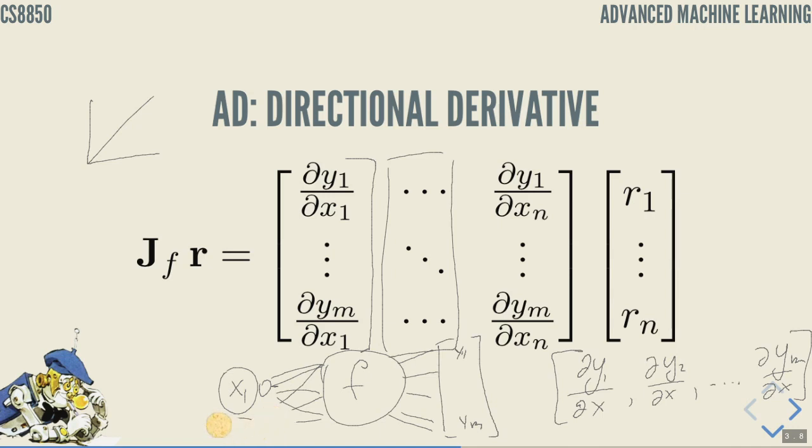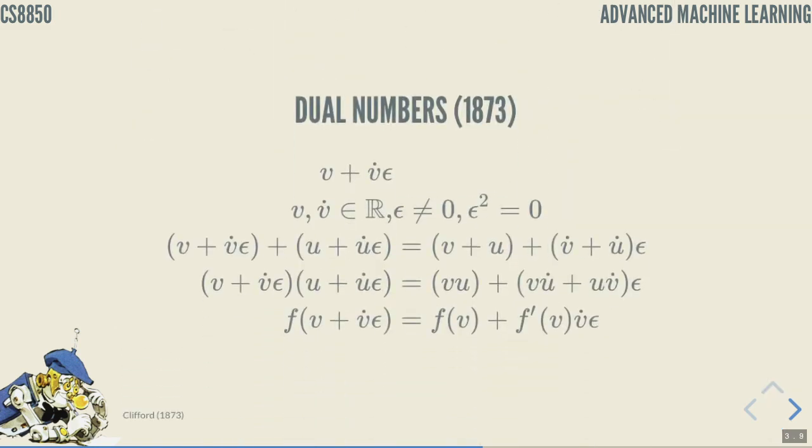You can do it easily when this is the function, but when your function has multiple inputs and one single output, then you need something else. We'll talk about that.